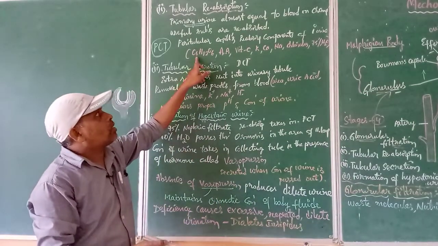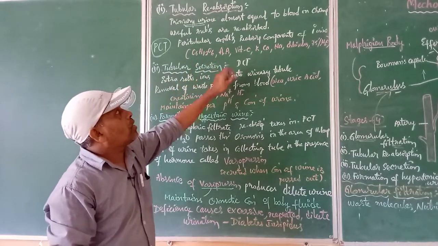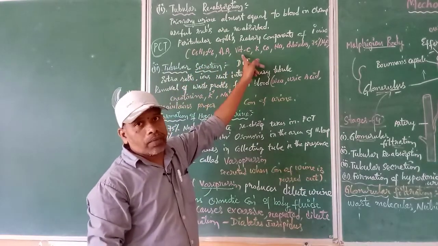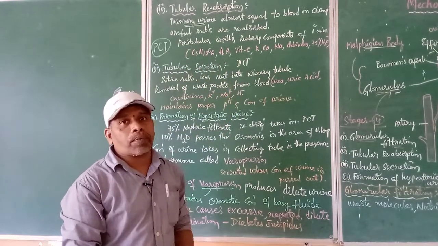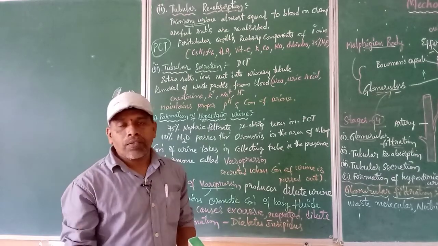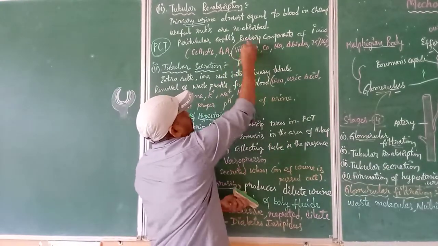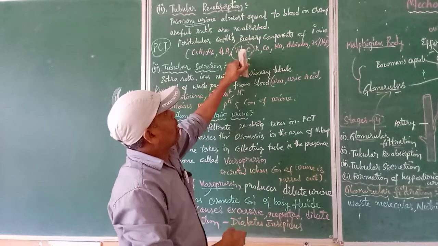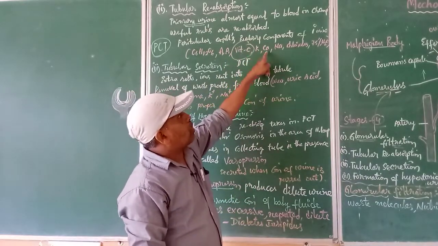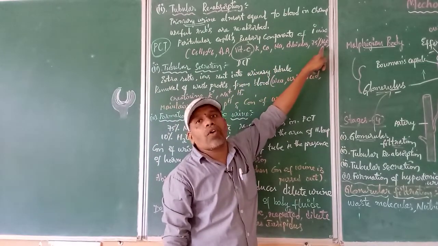What type of things? We have glucose, C6H12O6. Amino acids, which are the end products of proteins. Then vitamin C. In the first chapter, nutrition, we saw there are two types of vitamins, water soluble and fat soluble. One example of a water soluble vitamin is vitamin C. Next, salts like potassium, calcium, sodium, chlorides, and 75% of water.